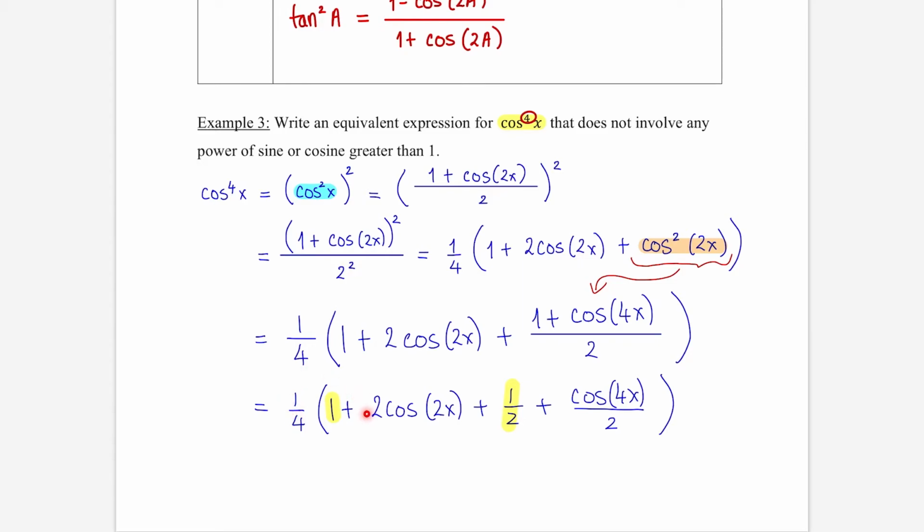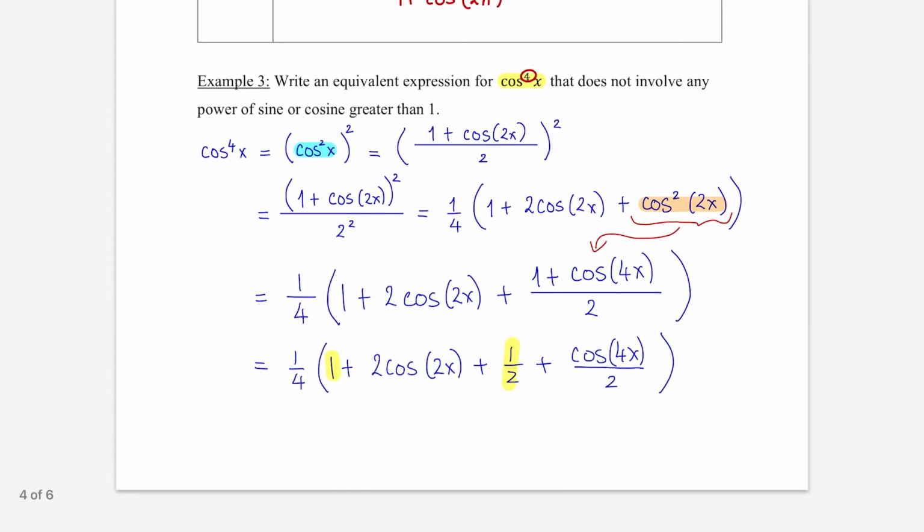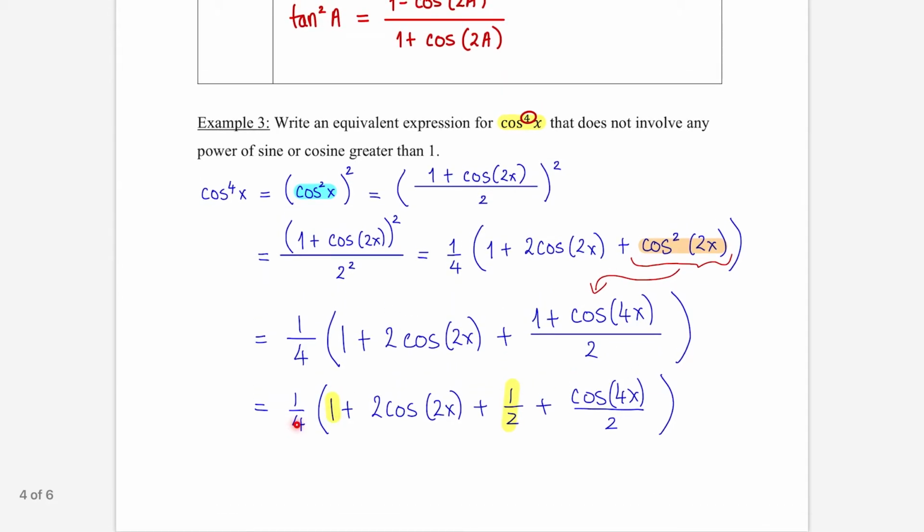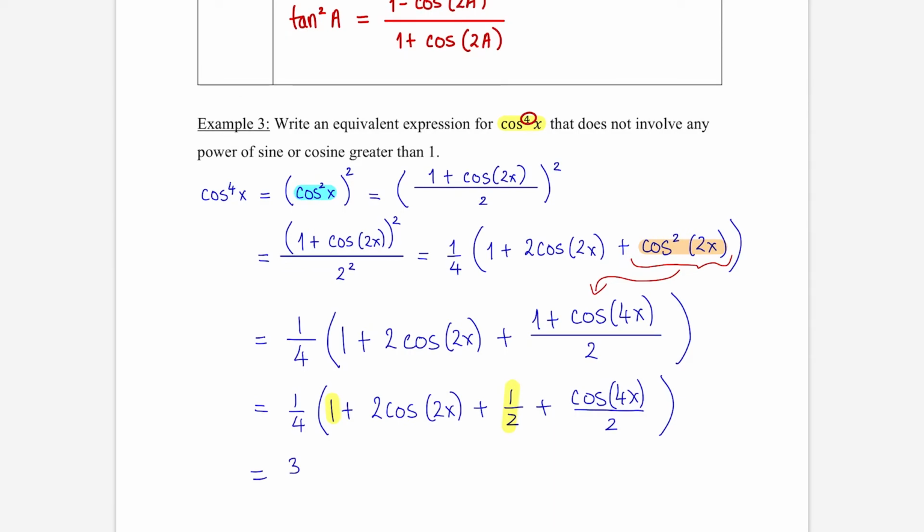And then I'm also distributing the 1/4 out. So 3/2 times 1/4 is 3/8, plus 1/4 times 2 cosine 2x is 1/2 cosine 2x, plus 1/4 times cosine of 4x over 2 is 1 over 8 cosine 4x.